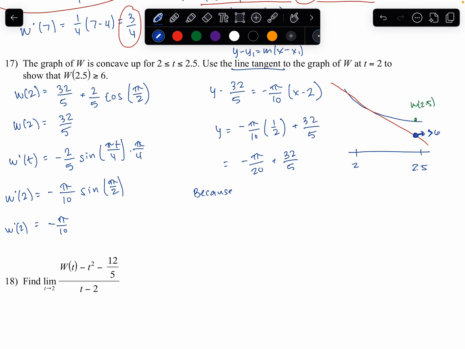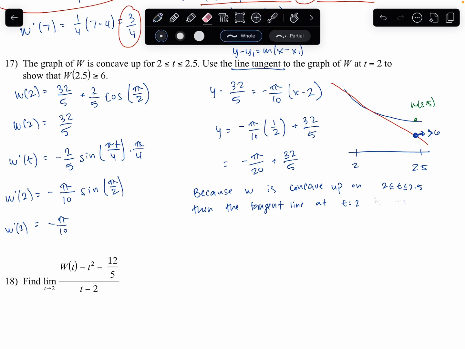Because W is concave up on the interval from 2 to 2.5, then the tangent line at t equals 2 is used as an underestimate.